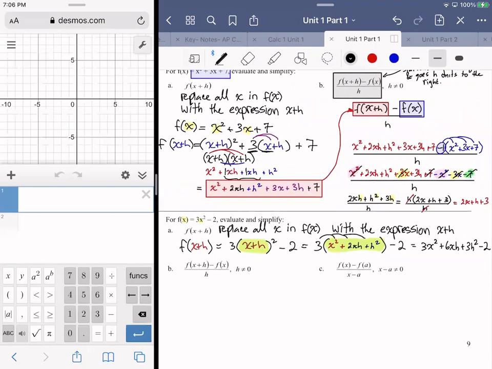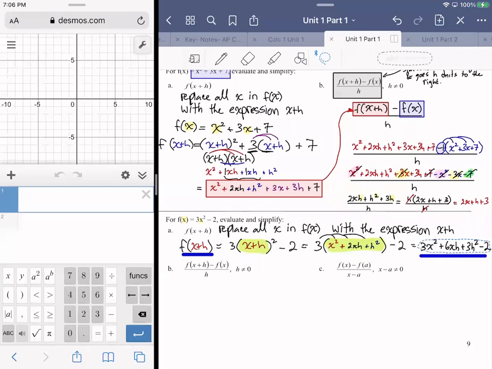Right, so that's what f of x plus h is equivalent to. So this is the same as this. So looking back at my difference quotient, f of x plus h, I already have that.